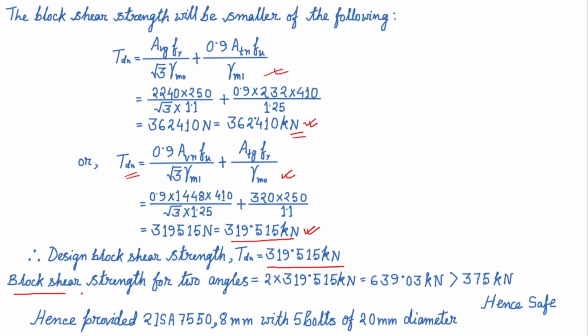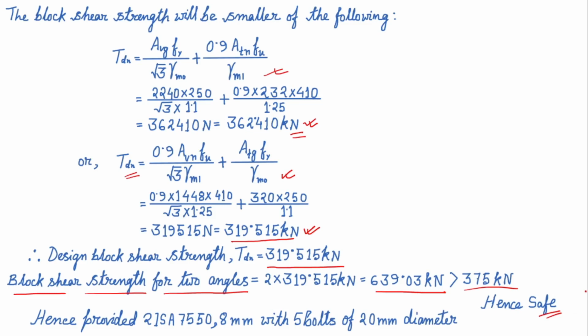So block shear strength for two angles will be 639.03 kilonewton, which is greater than the factored axial load 375 kilonewton. Hence the tension member is safe against block shear.